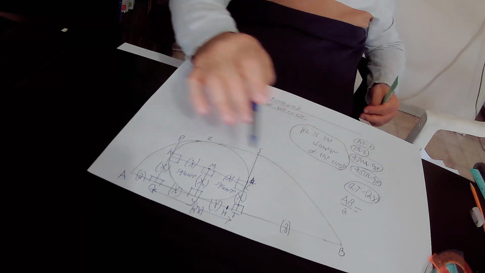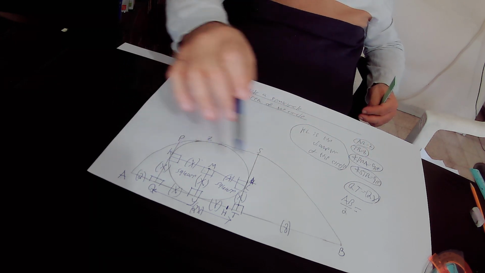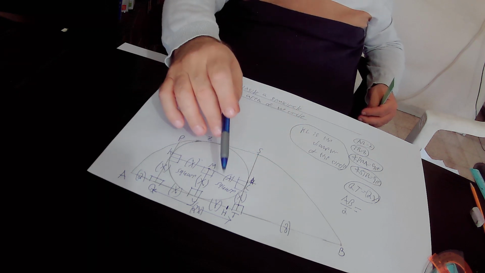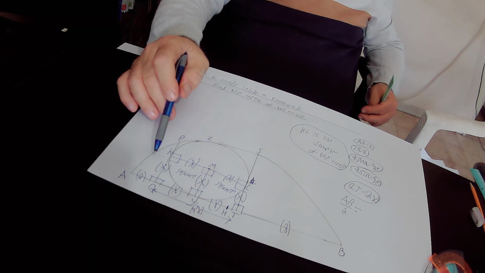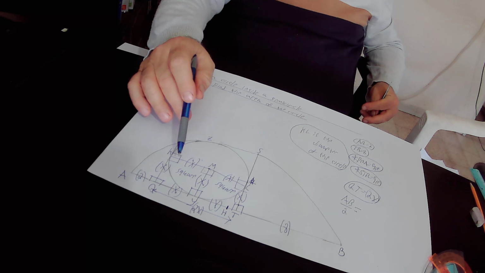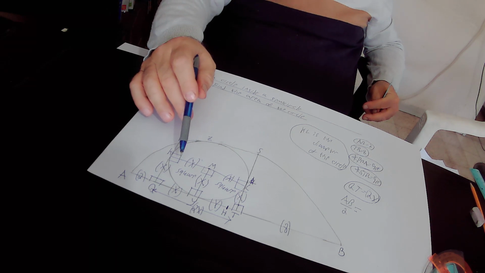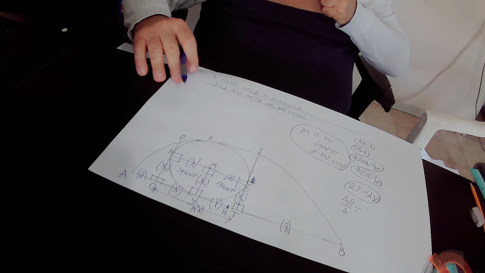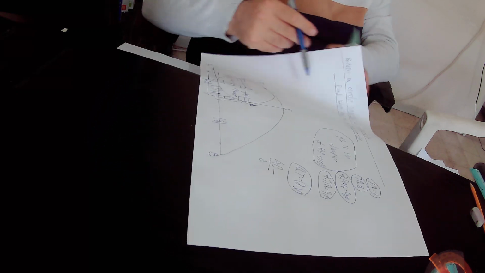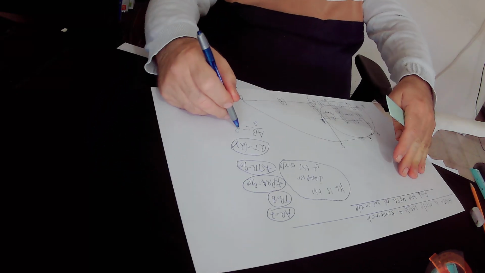AB in total equals 2 plus 8 plus x plus x. So in total AB equals 2 plus 8, which is 10, plus 2x. So AB is 2x plus 10.